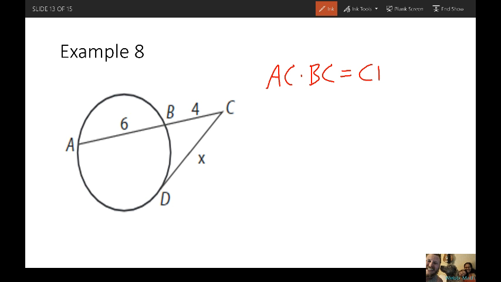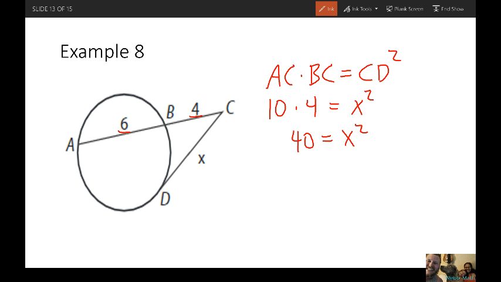And don't forget, if we're using the secant tangent product theorem, we're going to square our tangent. So AC is 6 plus 4, so that's 10. BC is 4. CD is just x squared. And we're going to get 40 equaling x squared.